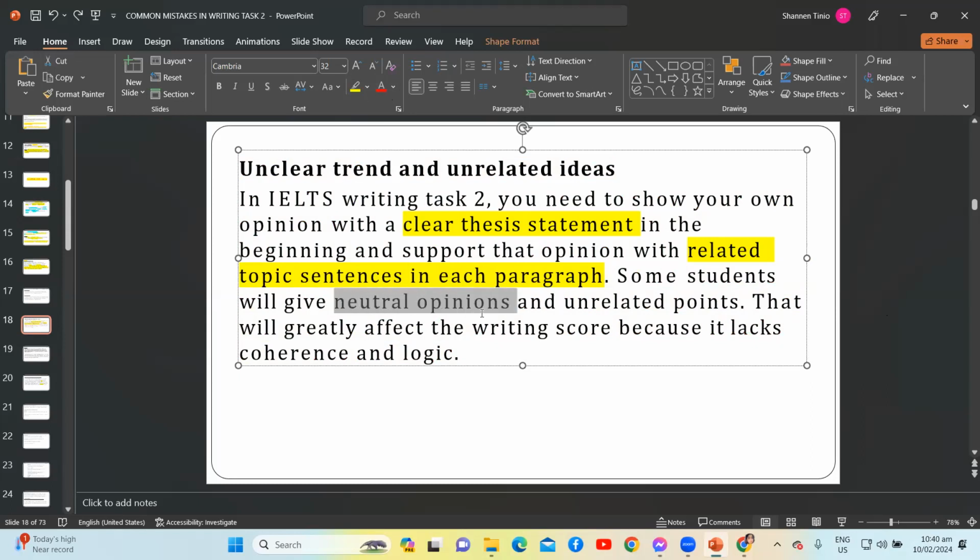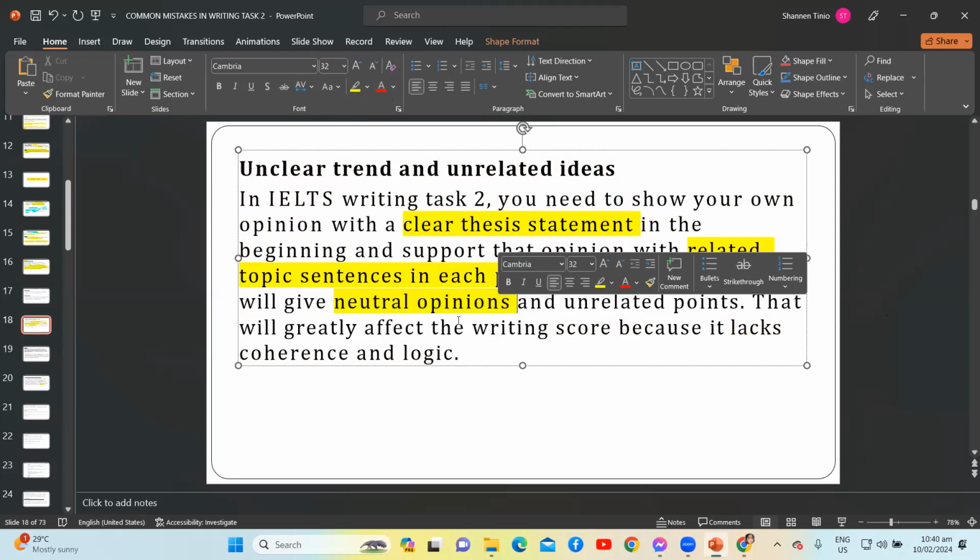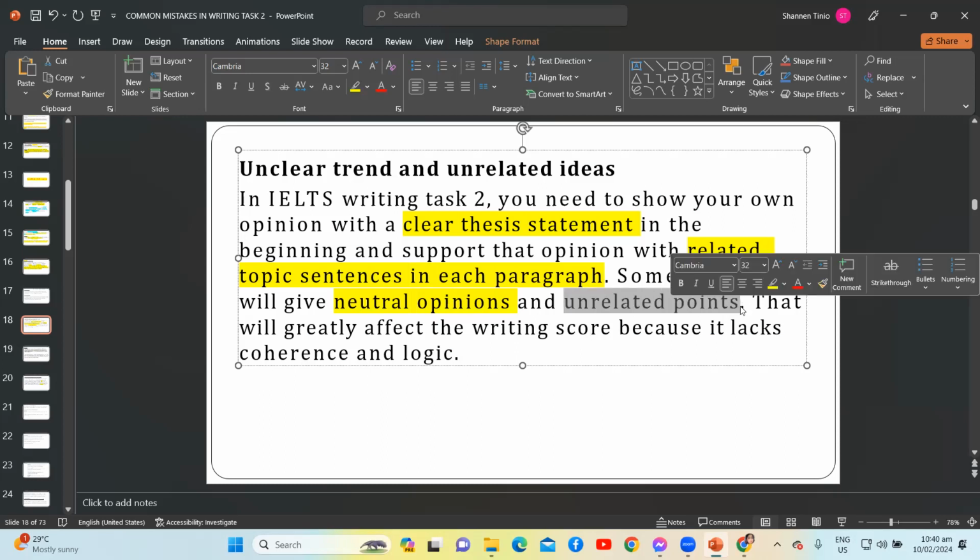yung opinions mo is very neutral, ibig sabihin ng neutral, hindi mo malaman kung agree ka ba or disagree kasi neutral nga eh. Ibig sabihin neutral, nakagitna. Okay? Kapag daw you're providing neutral opinions and unrelated points, it will lead to a lower score.